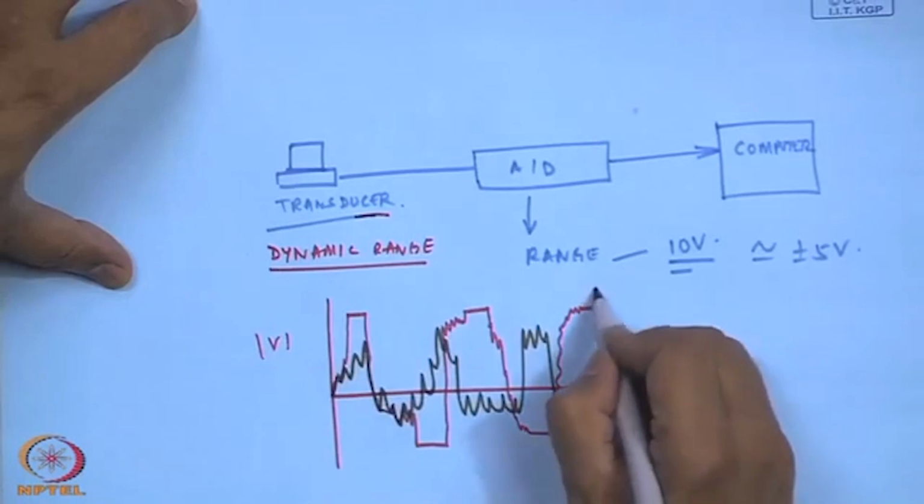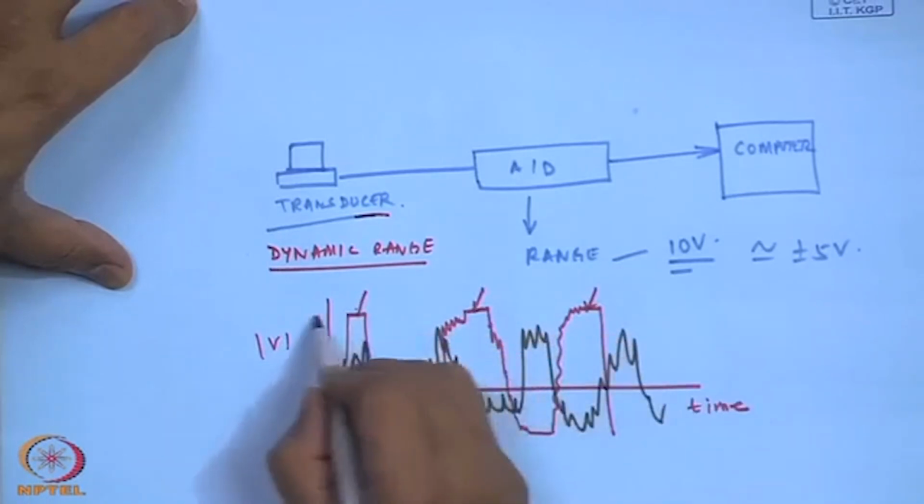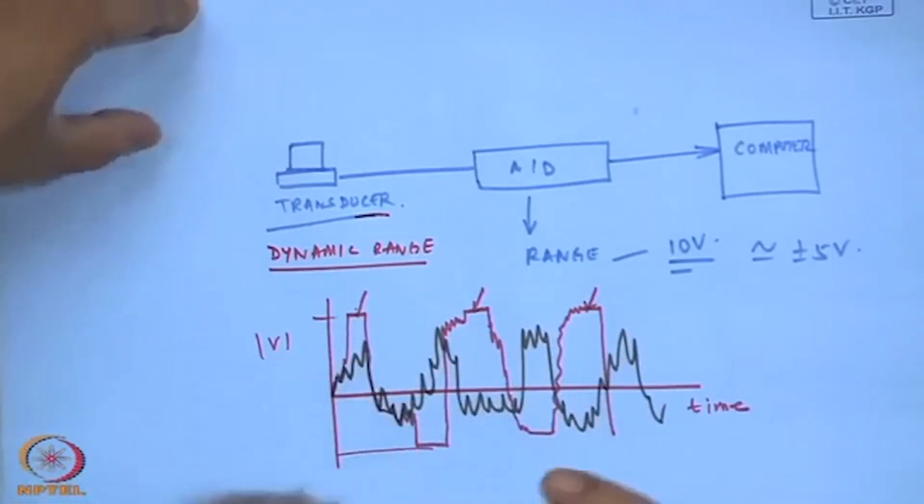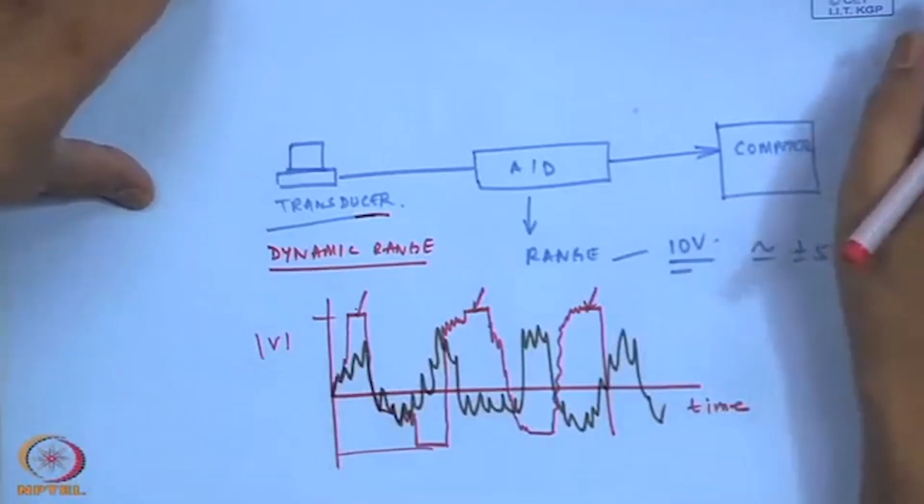So these are the limits. So, what happened? They look like chopped signals or truncated signals.